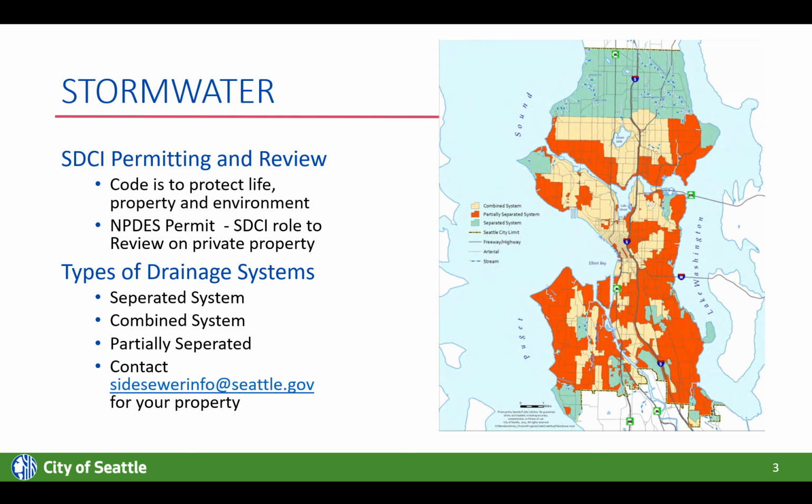Now, as you can see from this map, it varies fairly widely depending on where your property and project is located. So we always encourage you to contact us directly because a lot of the requirements are very specific to the property.